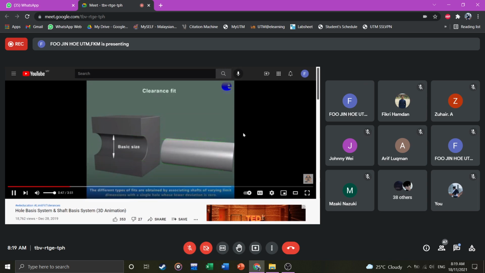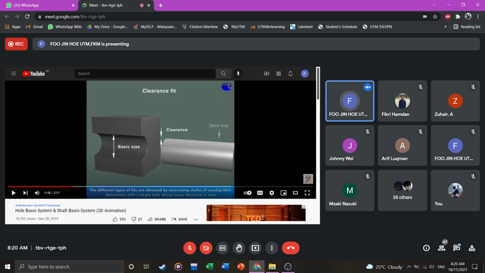Basic size. Clearance. You can see the two green lines, so in the ideal case both have the same basic size. However, we know that this basic size actually cannot be achieved. For example, a diameter of 50.